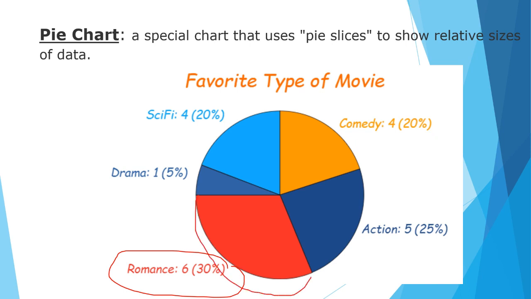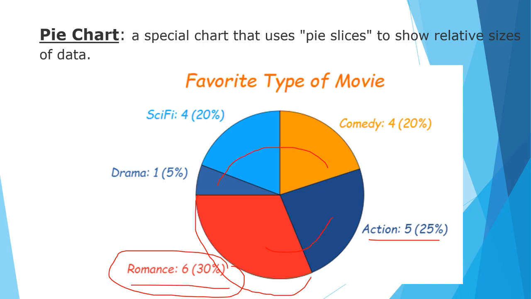Then, ang sumunod na mas malaki, ang sumunod sa 30% ay ang 25%. Kaya, you just estimate the area kung saan mas malaki siya kesa sa iba, pero may konting kaliitan kesa dito sa 30%. Okay, so mas maliit ang 25% ng konti kesa sa 30% ng romance.